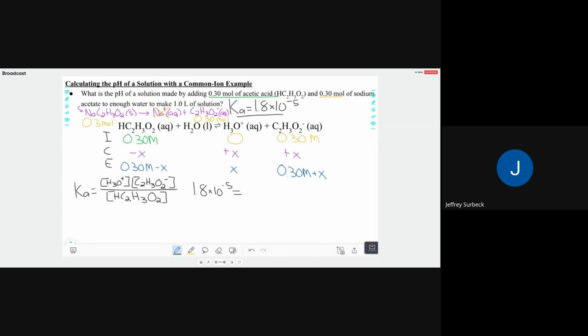Is 0.0018 bigger or smaller than that original amount of 0.3? Smaller. That's good. What that means is that we can assume, and what that means is that this minus and this plus X goes away because the assumption works.